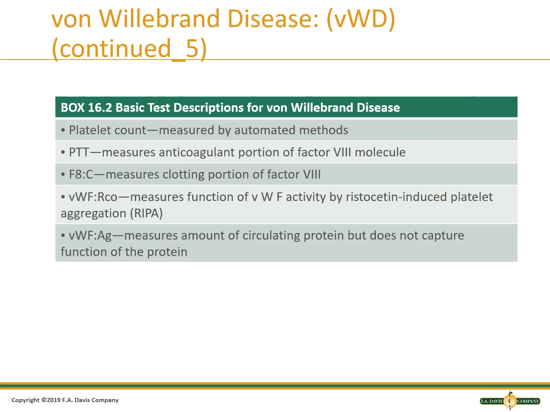When it comes to testing for von Willebrand's disease, you need a platelet count, and that's measured by our automated methods, meaning some sort of instrumentation. The PTT measures the anticoagulant portion of the factor VIII molecule. The F8C measures the clotting portion of factor VIII.